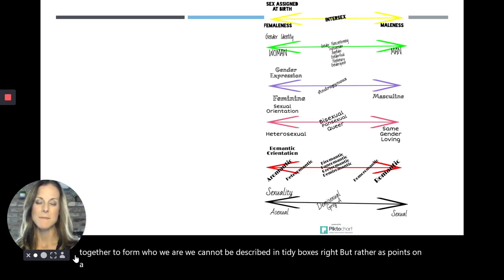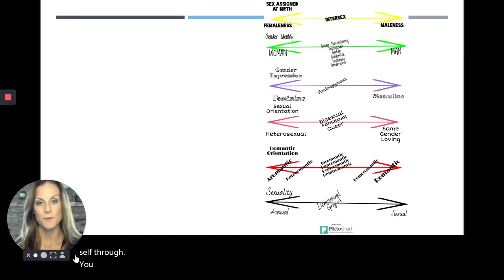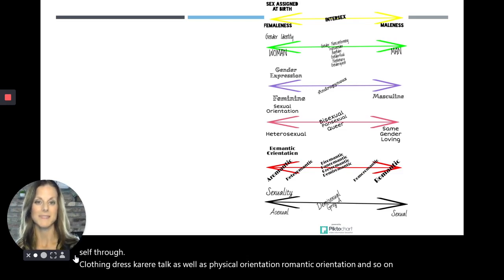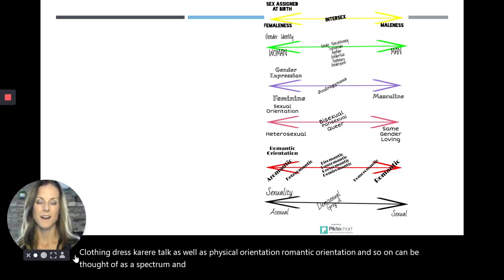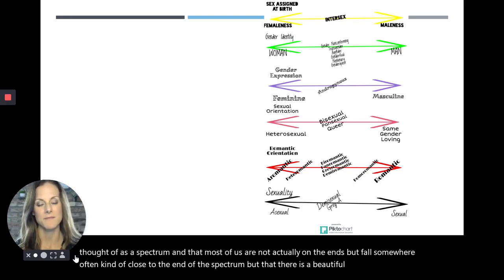So I have just another image here for you to look at, take some time with, that all parts of our sexual identities, in terms of gender, biological aspects of sex, expression of self through clothing, dress, career, talk, as well as physical orientation, romantic orientation, and so on, can be thought of as a spectrum, and that most of us are not actually on the ends, but fall somewhere, often kind of close to the end of the spectrum, but that there's a beautiful mix of people all within.